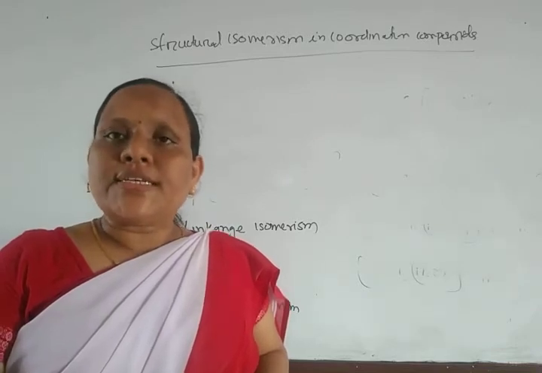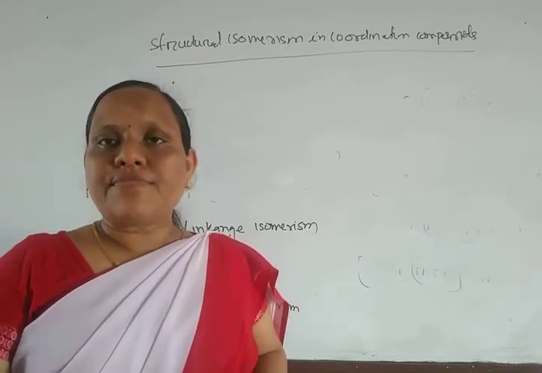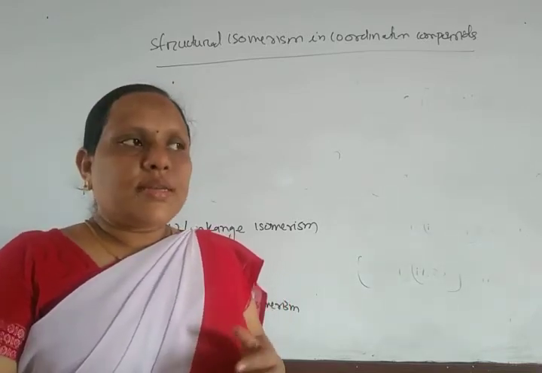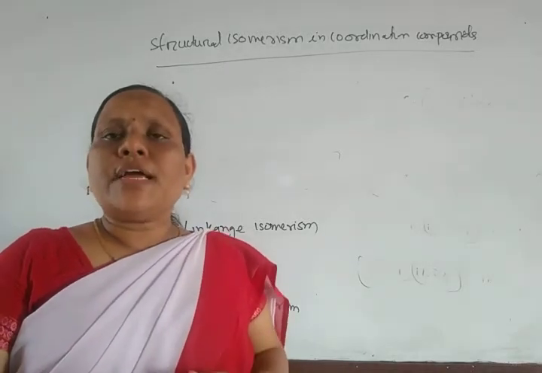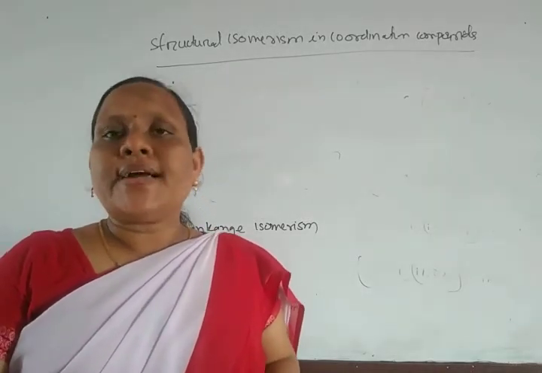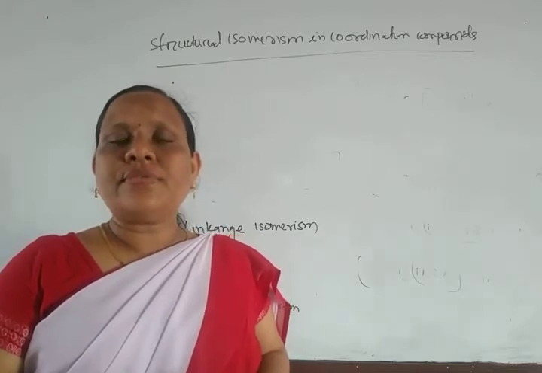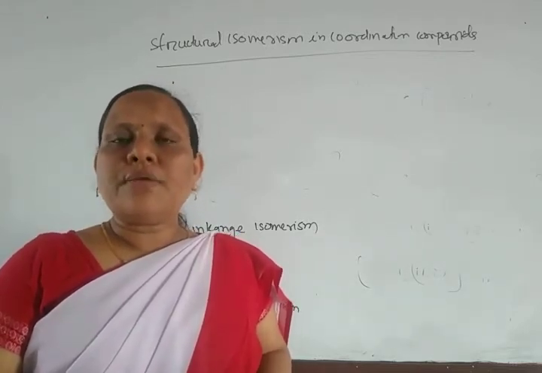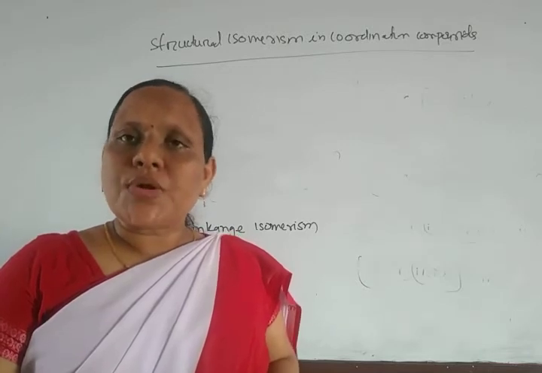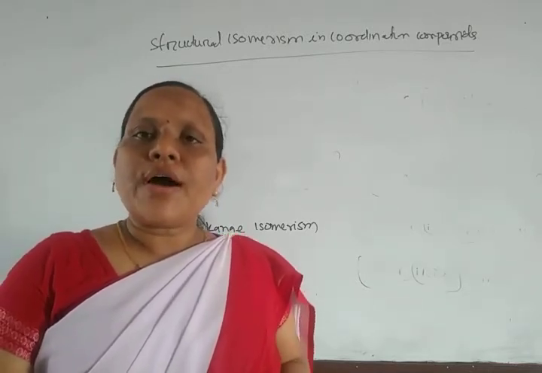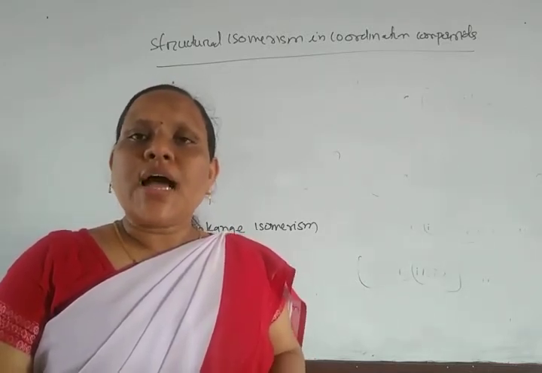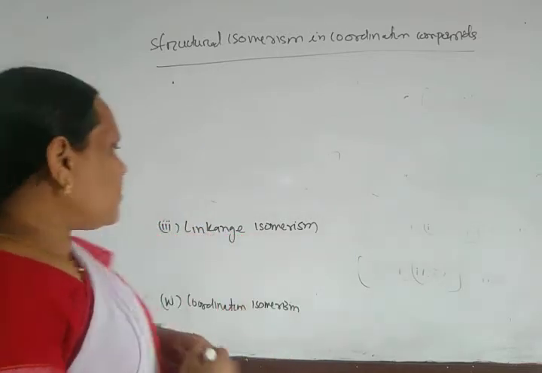Linkage isomerism is generally given by ligands where ambidentate ligands are present. An ambidentate ligand means a ligand which has different donor sites, but at a time it can coordinate through only one. That is known as an ambidentate ligand.